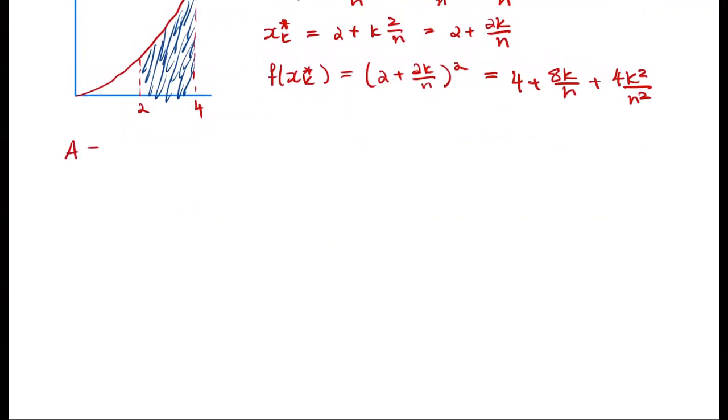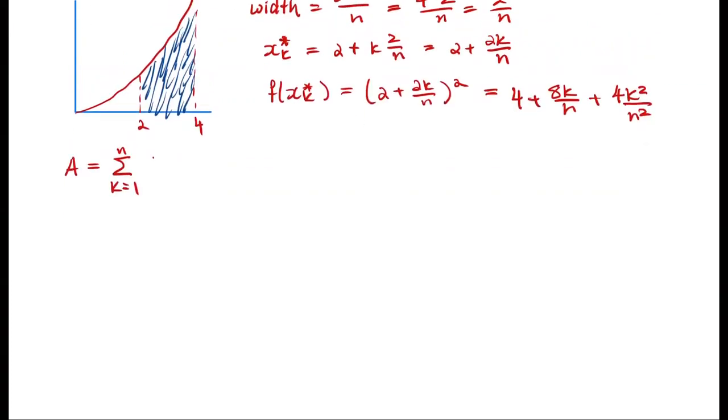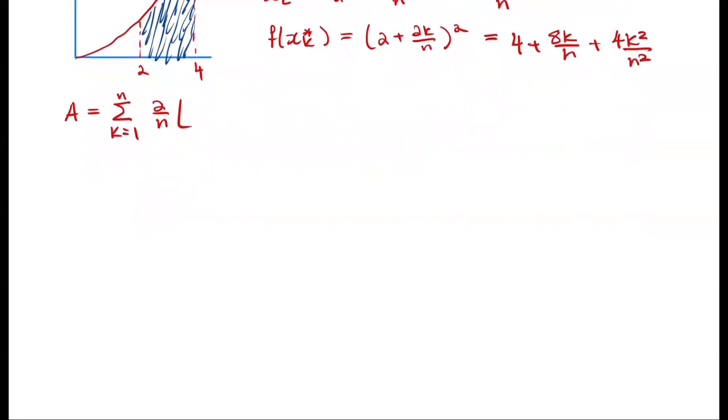So once again, the area here can be written as a sum from k equal to 1 to n of the width. So the width here is going to be 2 over n. And each of the xk star squared is going to be 4 plus 8k divided by n plus 4k squared divided by n squared.